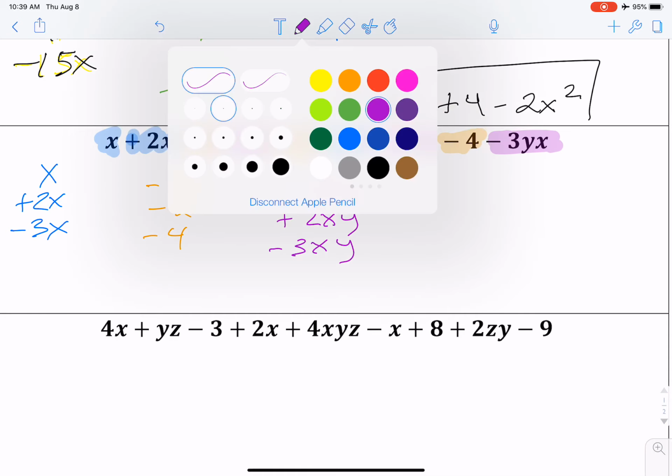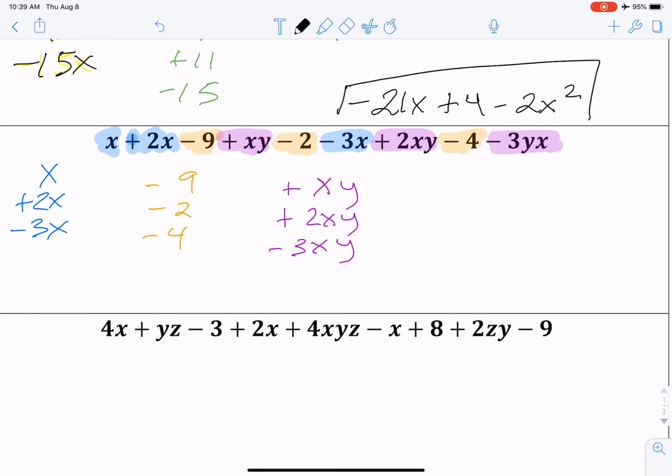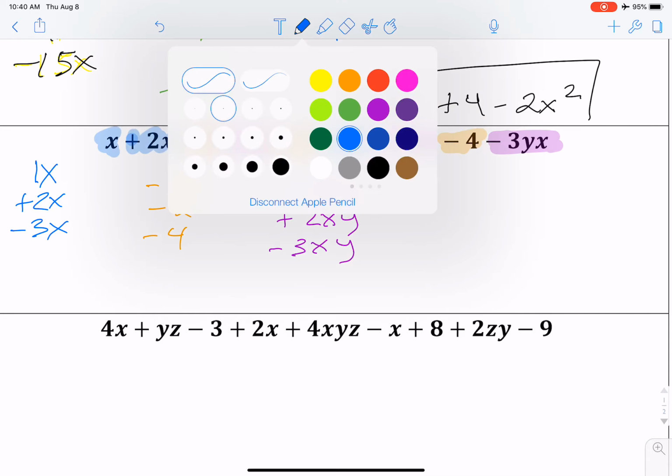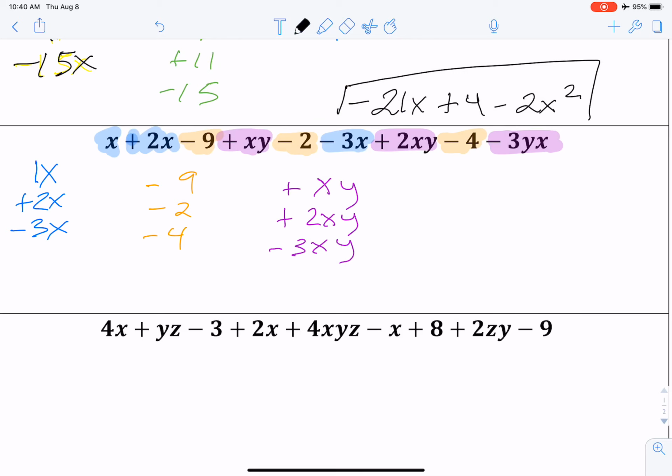Okay, so then we use our calculator again to add all the coefficients in the front to get our final expression. So these will end up canceling out. And then just make sure that you know that this is a 1. If it helps you, make sure you put the 1 there. So I have a 1x plus 2x minus 3x. Those cancel out, so we have none.